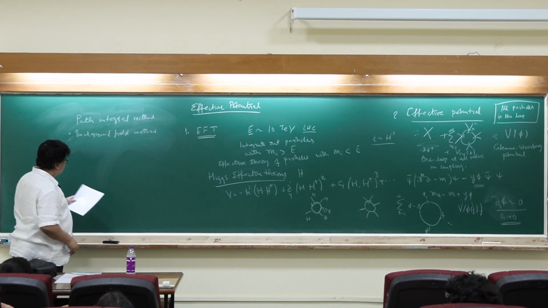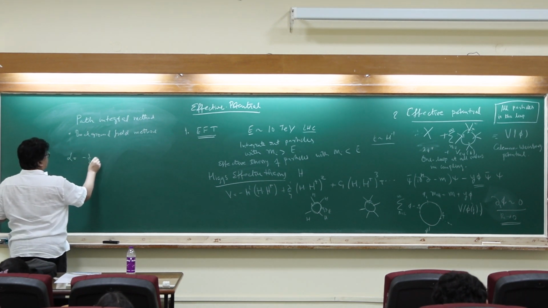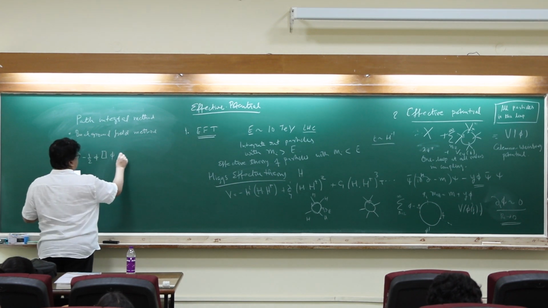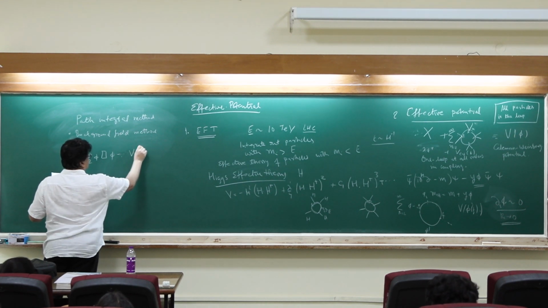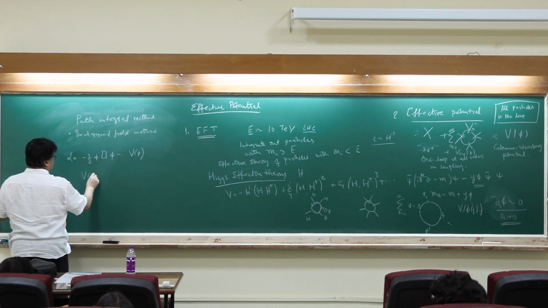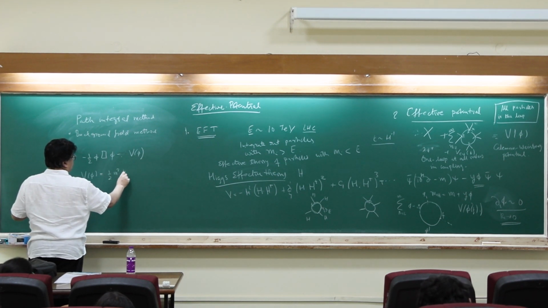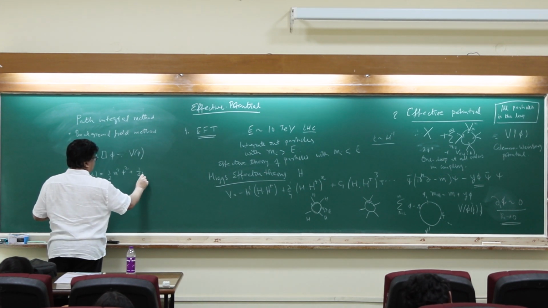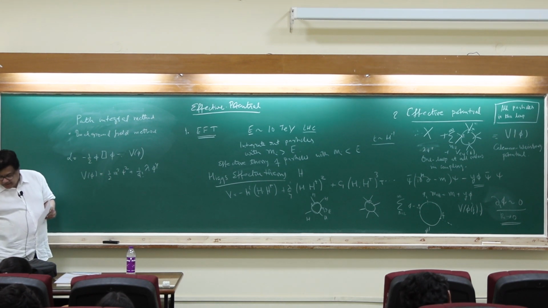So let's start with a Lagrangian, where this V phi can have a mass term plus this kind of thing.